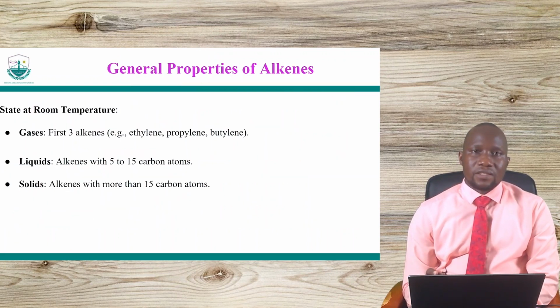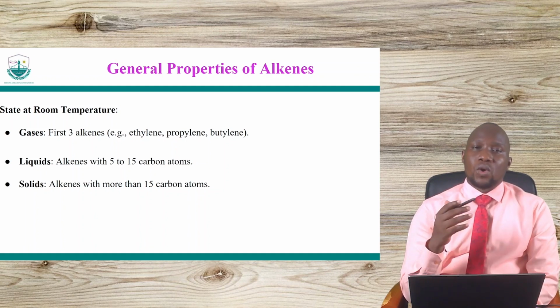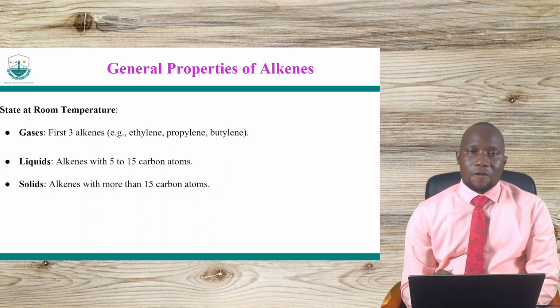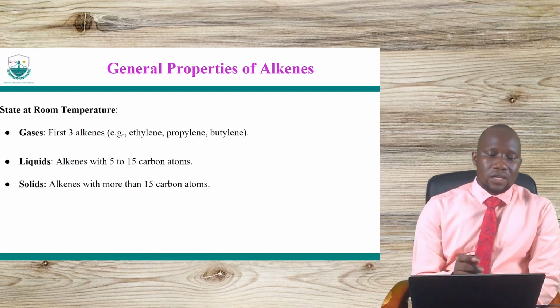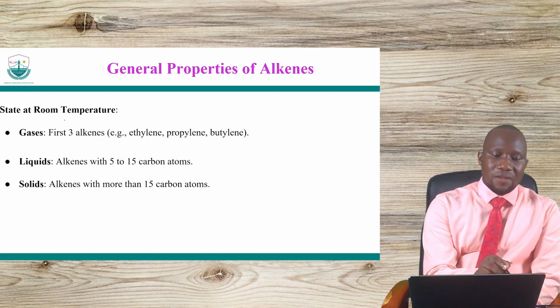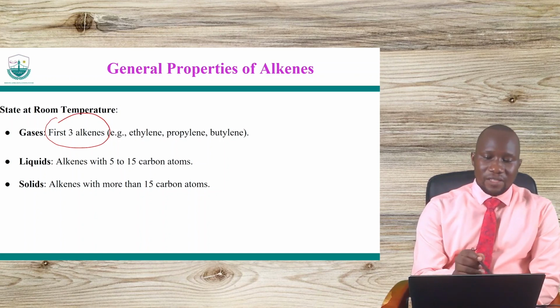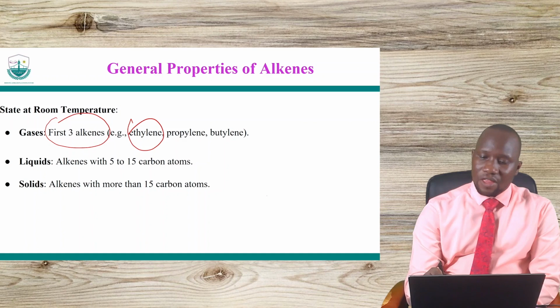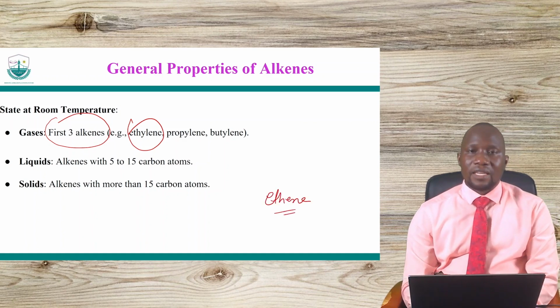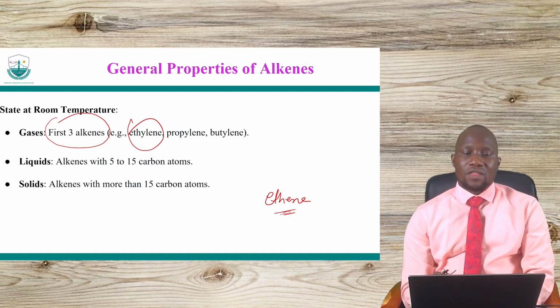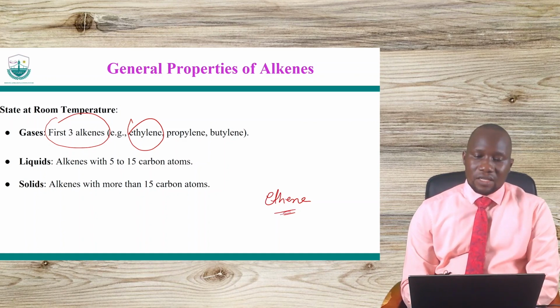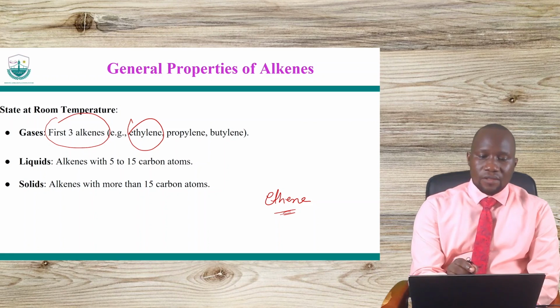So alkenes generally are reactive. That's one of the things that you really need to note, compared to alkanes. So the first 3 are gases. Ethene is the other name for ethylene, please note it is the same name.